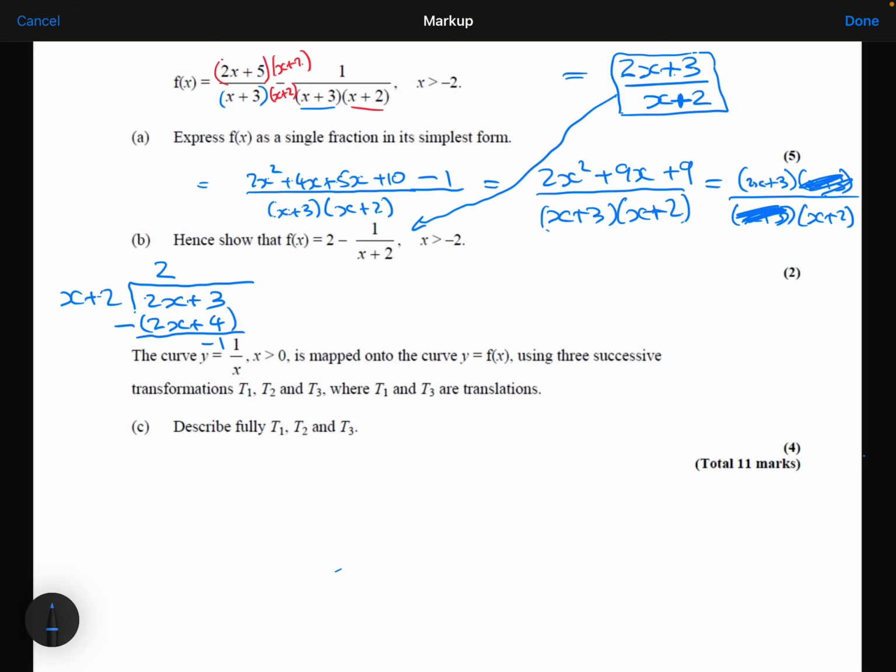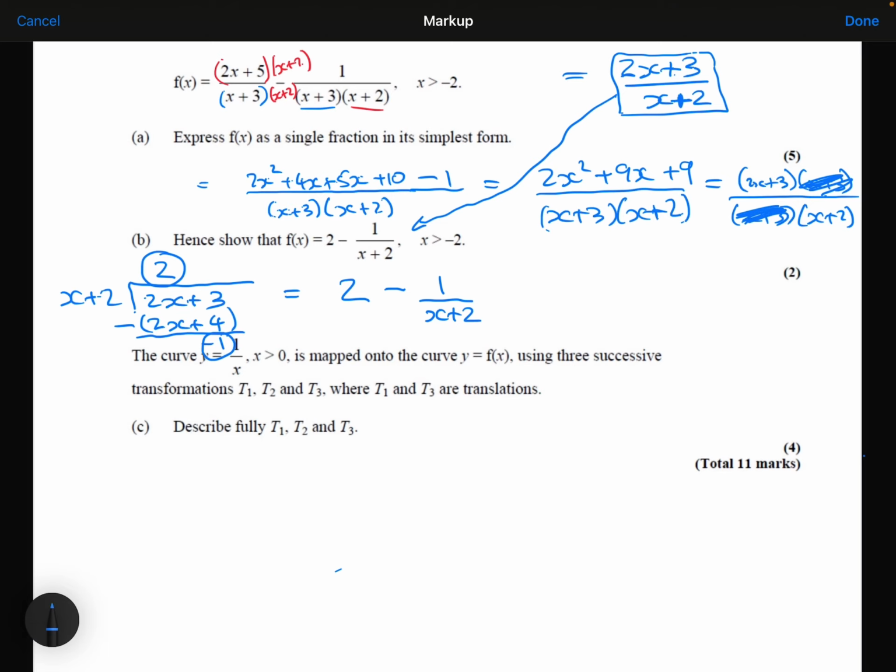So when we divide 2x plus 3 by x plus 2, we get 2 is the whole part, and then we've got the minus 1, which is the remainder, so that still has to be divided by the x plus 2.